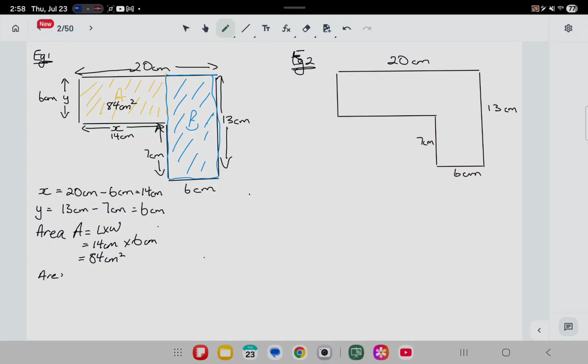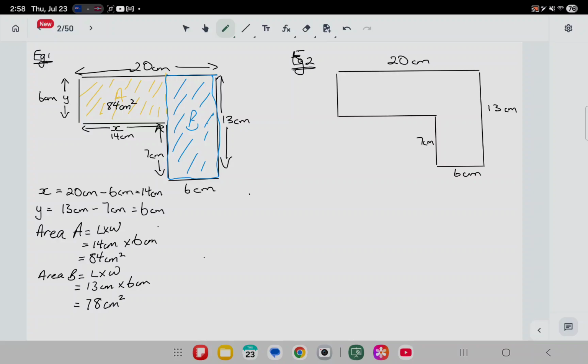The formula to calculate the area of a rectangle is length multiplied by width, which is equal to 13 centimeters multiplied by 6 centimeters. 13 multiplied by 6 will give us 78. So that's 78 centimeters squared. Remember, area is in square units.